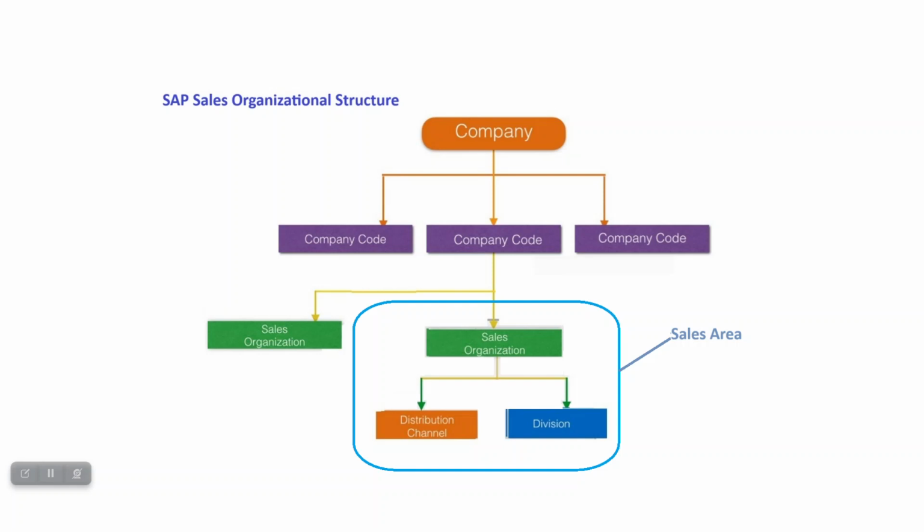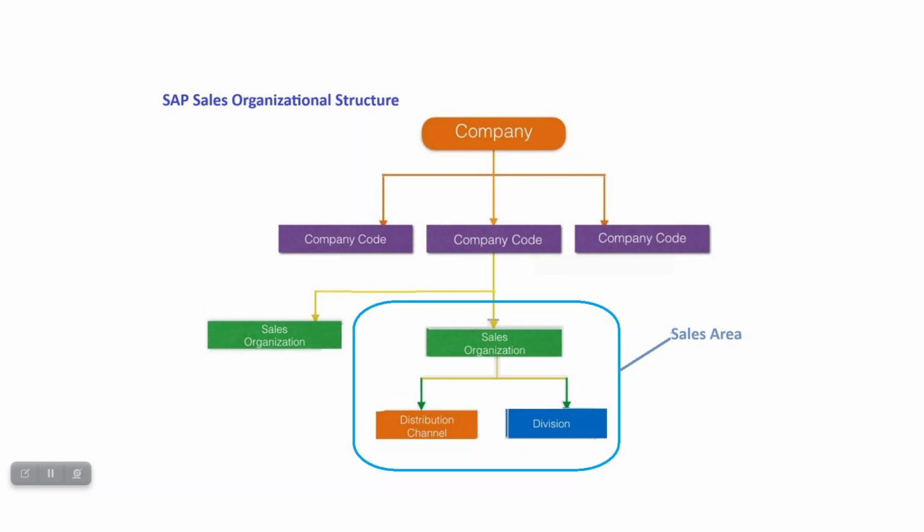The next one, distribution channel. The next level of the sales area is called the distribution channel, and it represents the channels used by your company to distribute goods and services to your customers.